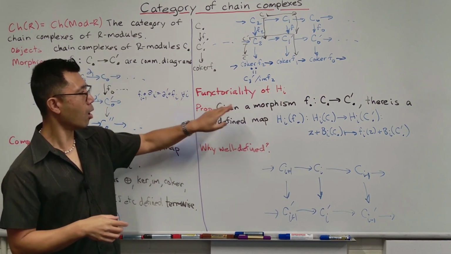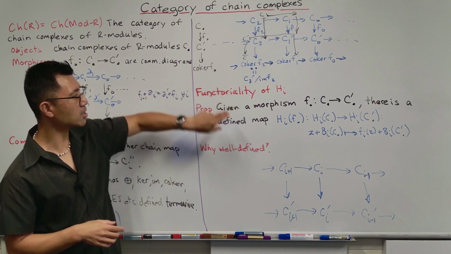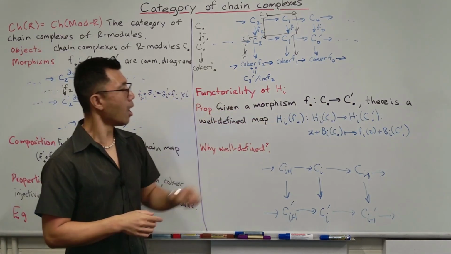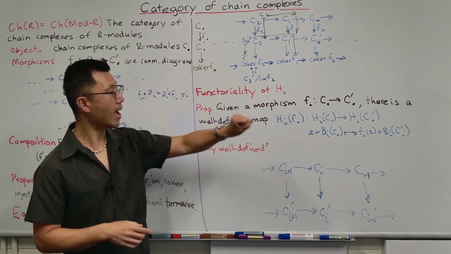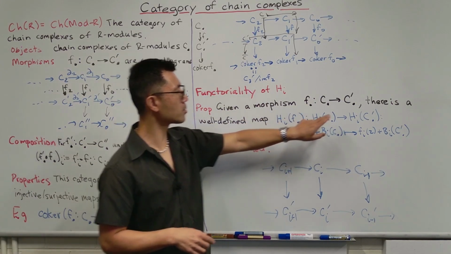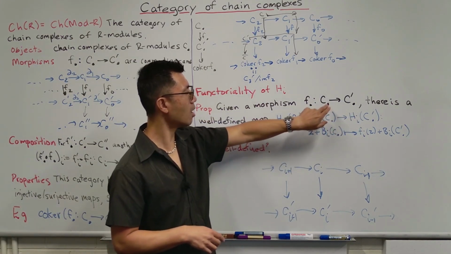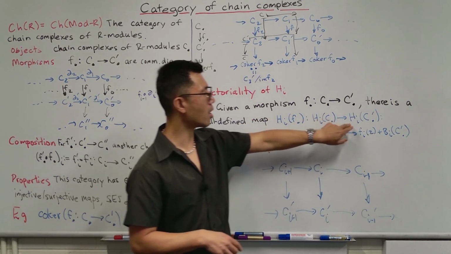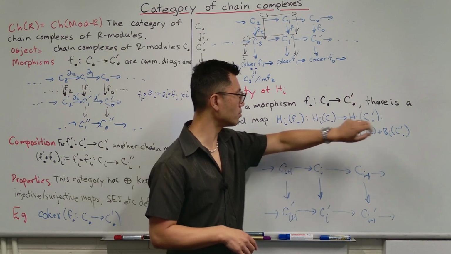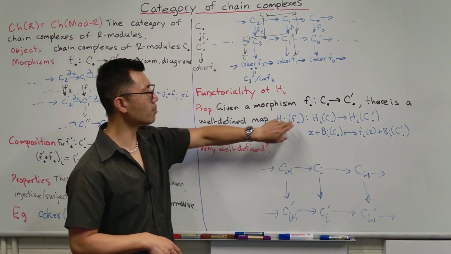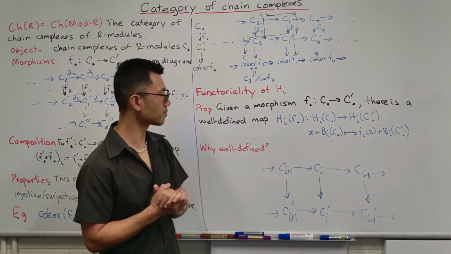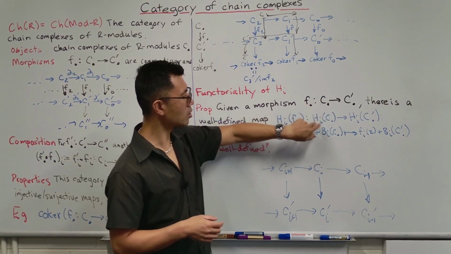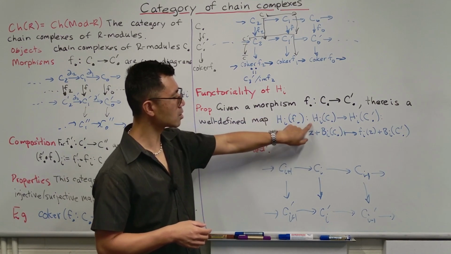And so what's the proposition here? Given a morphism F dot from C dot to C prime dot, that's going to induce a morphism on the corresponding homology. So we can take the homology of C dot, H_i C dot, and also the homology of C prime dot, H_i C prime dot, and we have a morphism of these R modules, H_i F dot, and it's defined as follows. So remember what this is. This is defined to be the cycles modulo the boundaries.